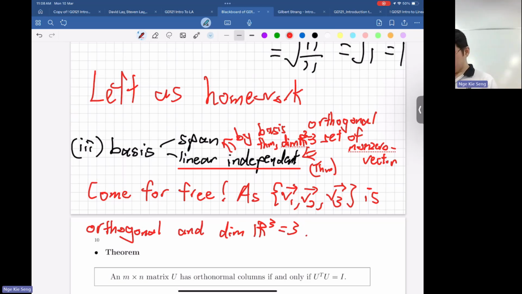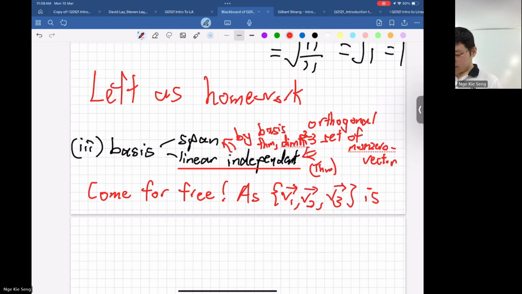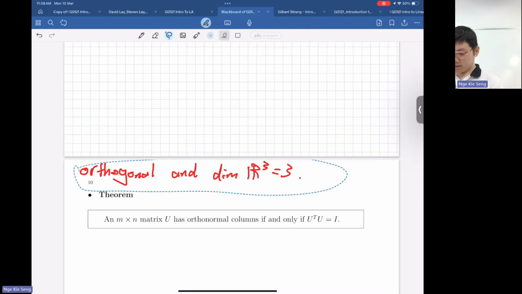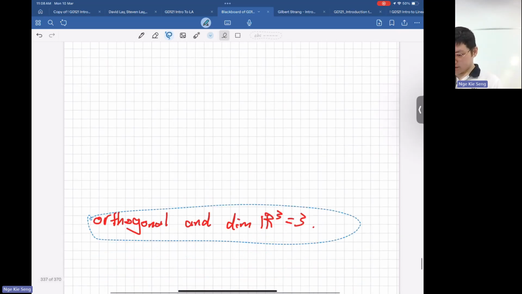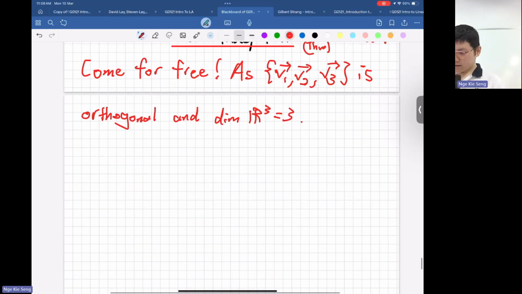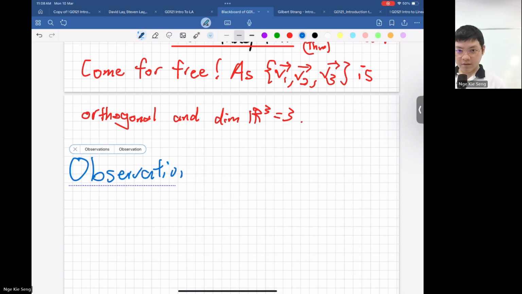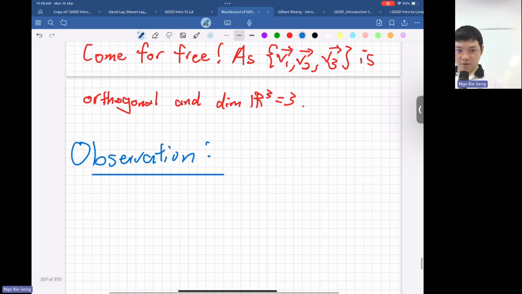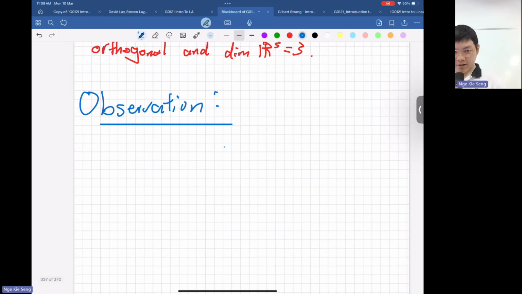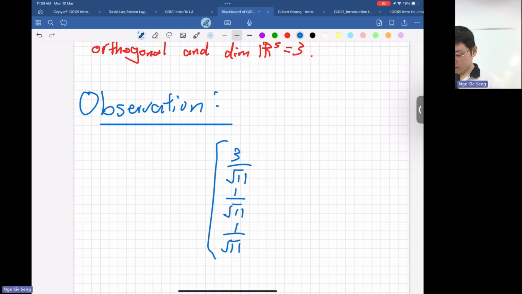Okay, so there's a very interesting observation here. If we take our V1, V2, V3 here, let's form a matrix using these V1, V2, V3.